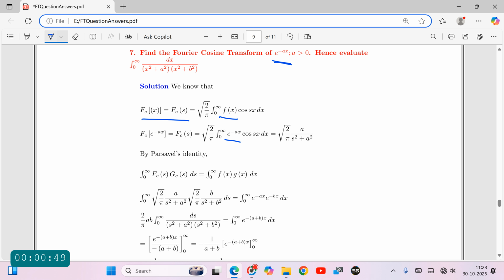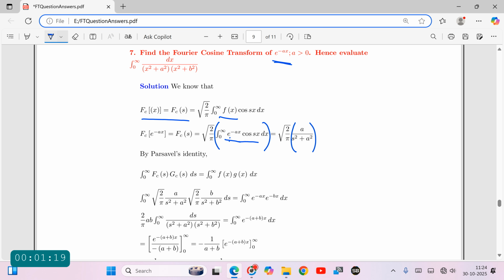Now the formula for integral 0 to infinity e power minus ax cos sx dx is equal to a by s square plus a square. We can't integrate the function e power minus ax and cos sx directly without using any formula, so we are using the result of this integration, which is a by s square plus a square.